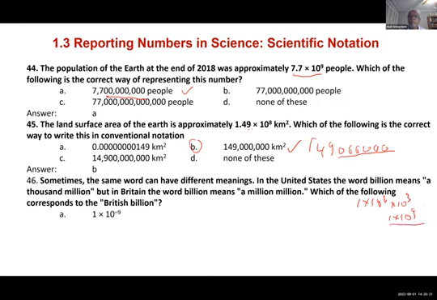But in British, million is 10 to the 6, times 10 to the 6. That becomes 12. So which of the following is British billion? 10 to the 12. That's the answer, B.